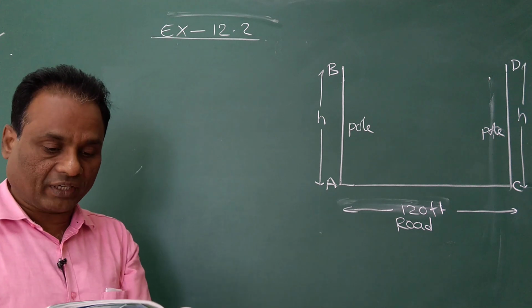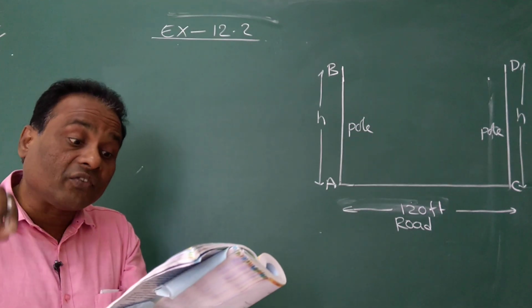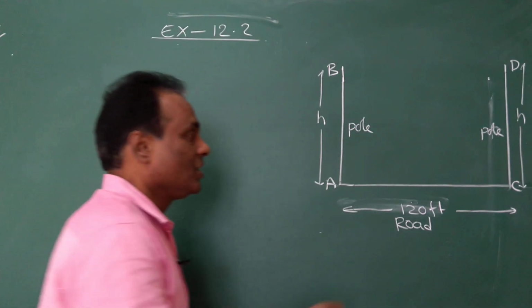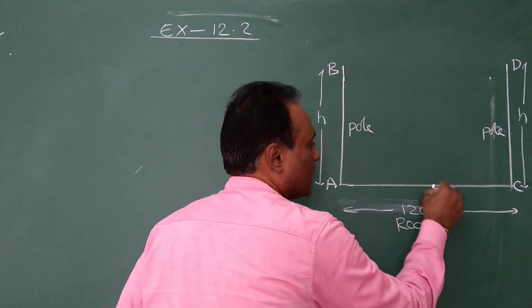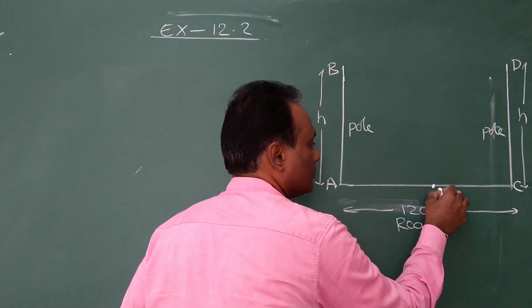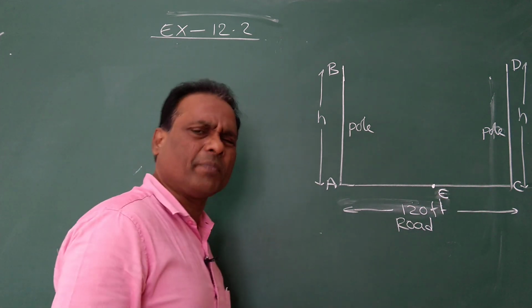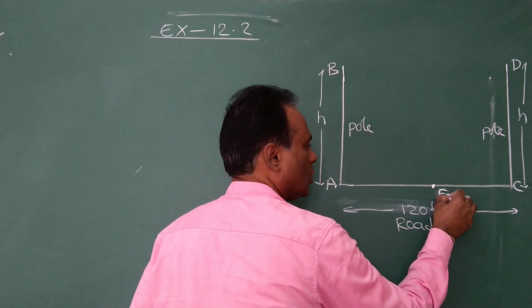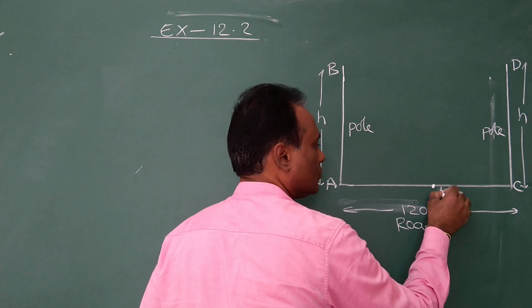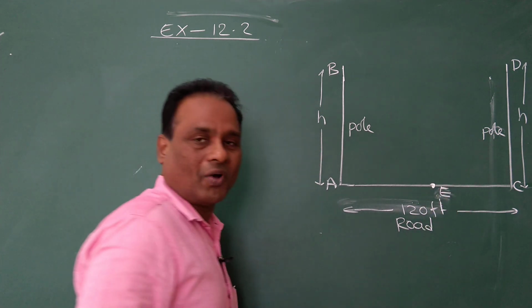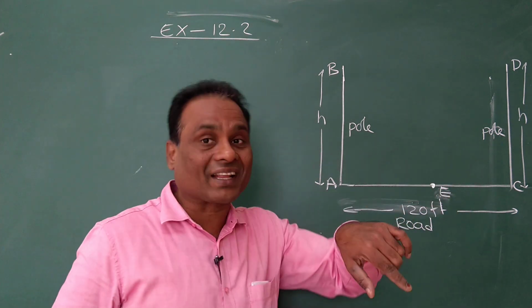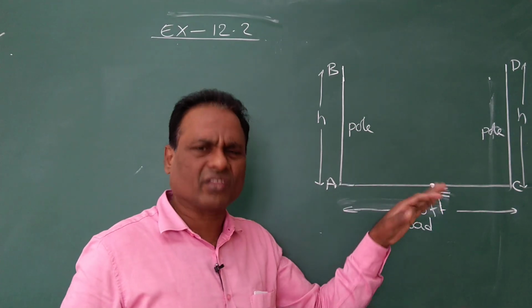From a point between them on the road, say P or E, any notation, from this point, it is not the midpoint. It is not given that it is a midpoint.